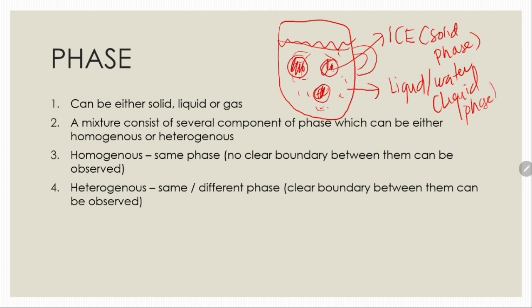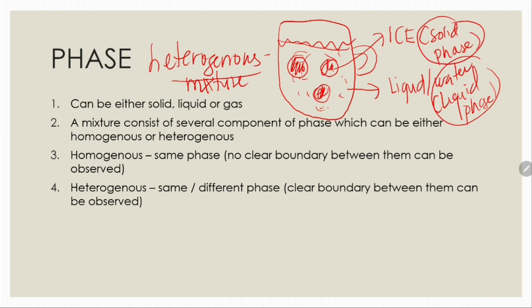You can see clearly there is ice and liquid in this cup. Since you can see clearly the difference between these two phases, we name it a heterogeneous mixture, which is made up of two phases, solid and liquid.